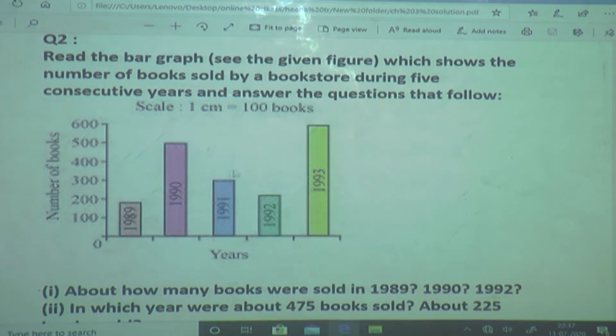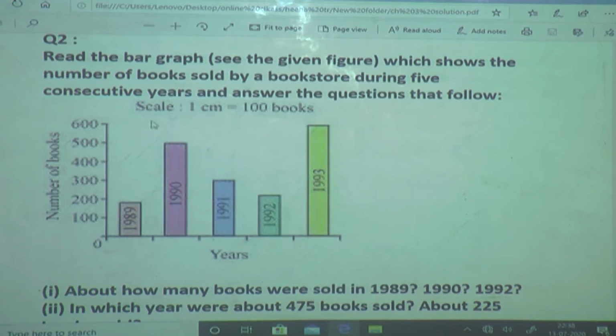The graph given to us shows the number of books sold by a bookstore during 5 consecutive years, and answer the questions that follow. Consecutive means one after the other, that is 5 years: 1989, 1990, 1991, 1992 and 1993.